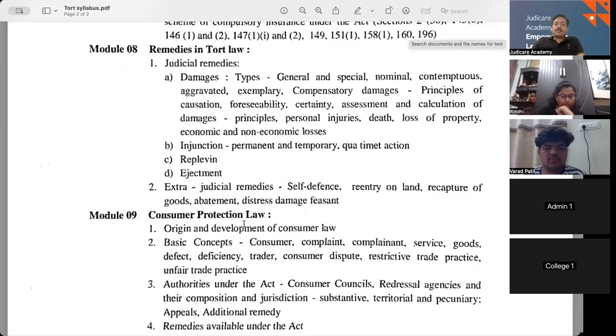So an injunction is a restraint which is created.